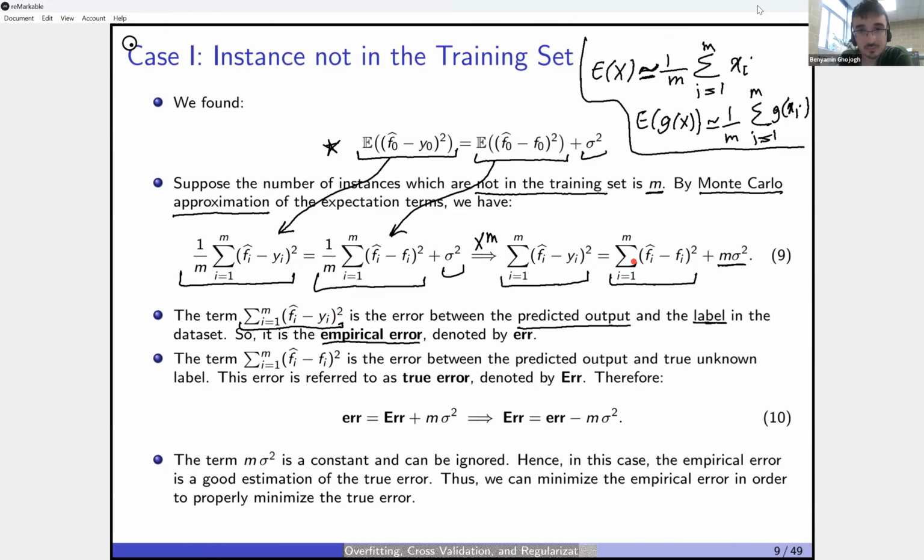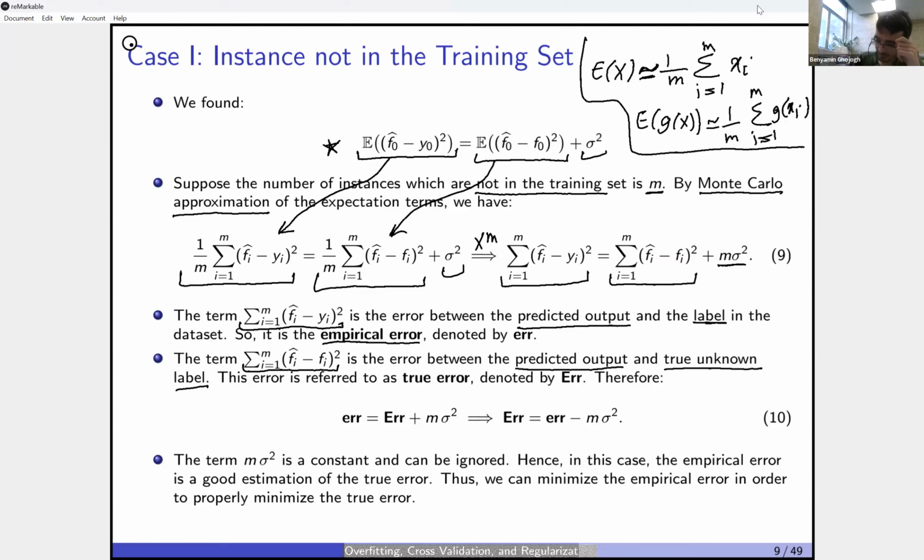However, the second term is the error between the predicted output and the true unknown label, which is fi. So in one term, the error is between fi hat, the predicted output, and the labels in the dataset, which are corrupted by noise, right? However, in this term, this is the error between the predicted output and the true label, which we don't have.